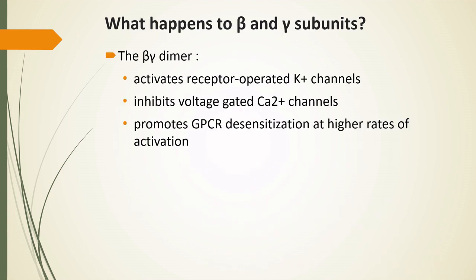The next question that arises is what is happening to the beta and the gamma subunit. Now the beta and the gamma dimer basically activates the receptor operated potassium channels. What is going to happen if the receptor activated potassium channels are getting activated? There will be hyperpolarization.